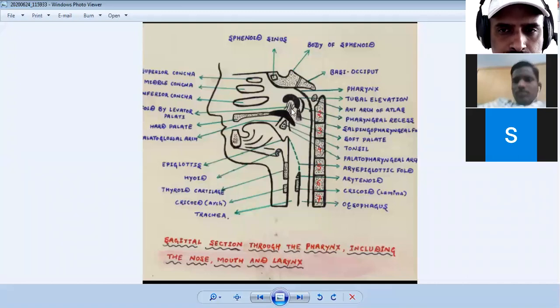When the nasopharyngeal tonsils are pathologically enlarged, they are called adenoids. This may make nasal breathing impossible, so these children may breathe through the oral cavity, the mouth.